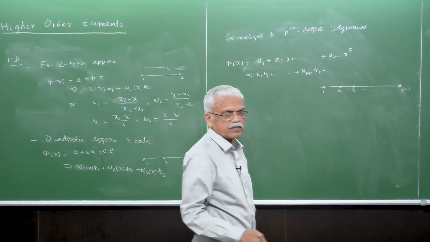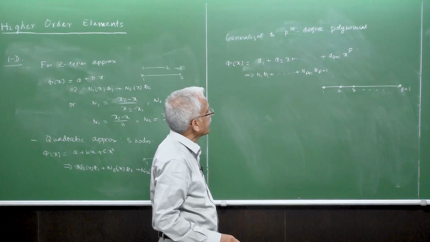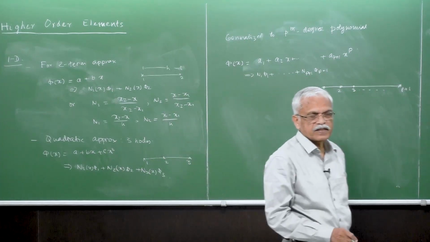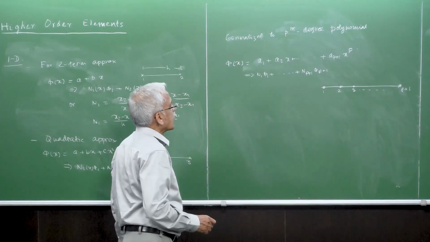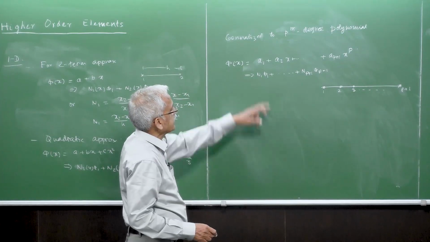We have p plus 1 terms, which will give you a pth degree polynomial, right? So this is how we have to convert this.